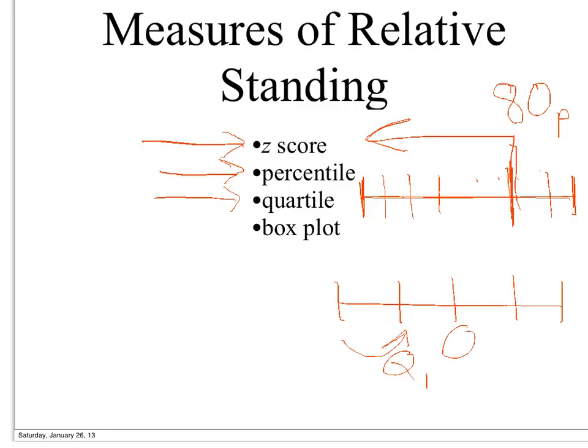This position would be quartile 2, which, since it's right in the middle, would be the median, and that median would also correspond to the 50th percentile, because 50% of the data is above the median and 50% of the data is below. And then finally, that would be quartile 3. Q3 is the score that has 75% of the data below it. We'll see more about that in a bit.